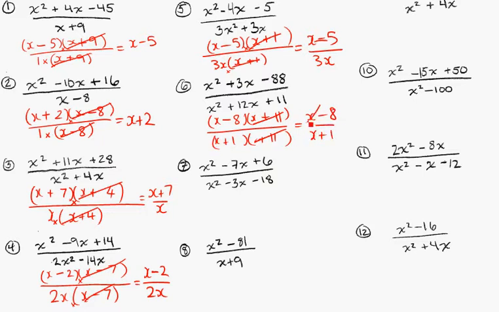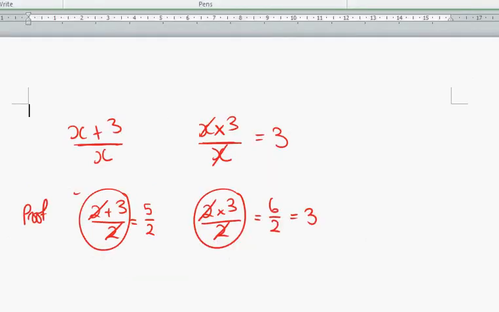Now you cannot just cancel the x's here because you'll be left with the wrong answer. There's a minus and a plus, we don't have factors anymore, so you cannot do that cancelling. And for proof of that, if you want more proof, it was x minus 8 over x minus 1.